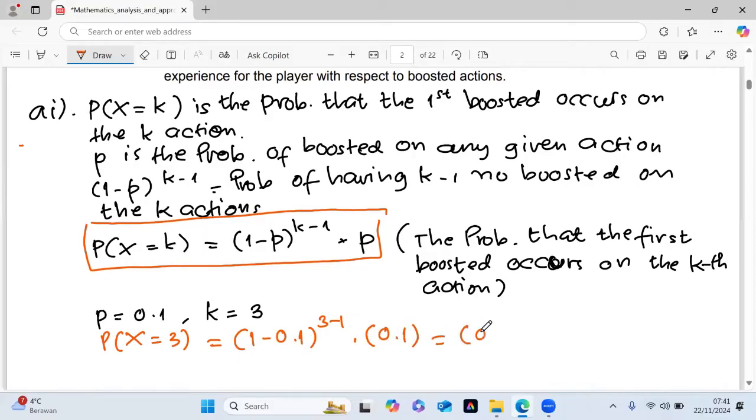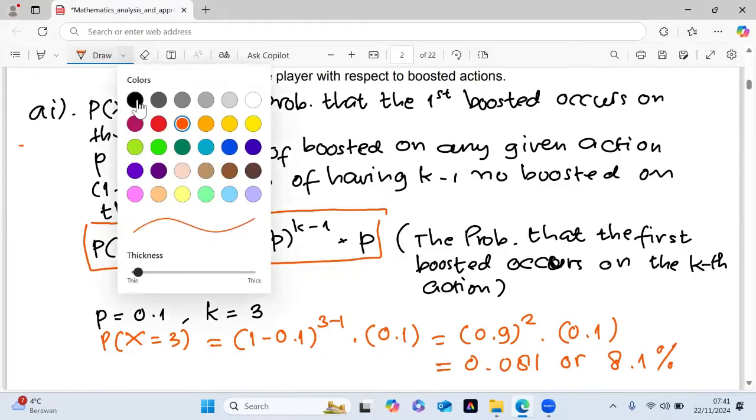It is 0.9 squared times 0.1. And the result, I have calculated this, is 0.081, or in percentage, 8.1%. Next.